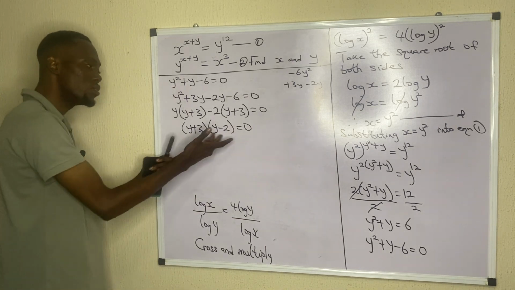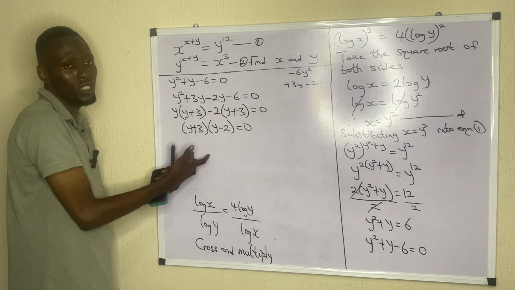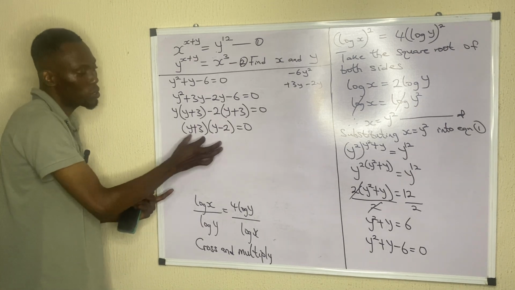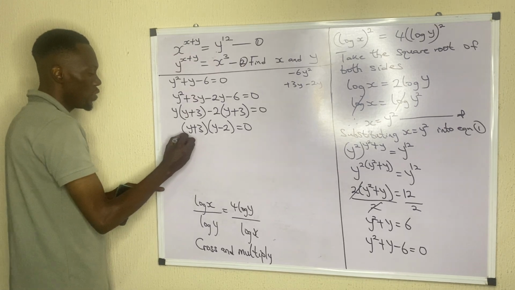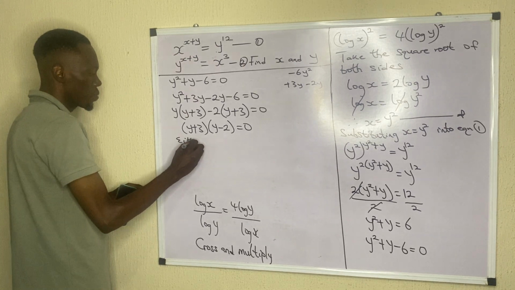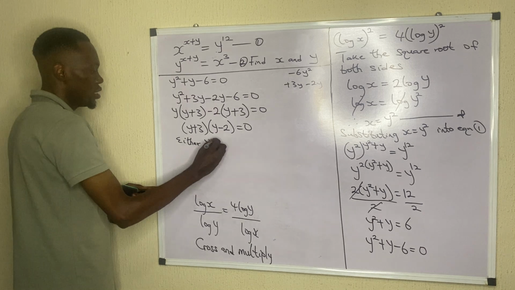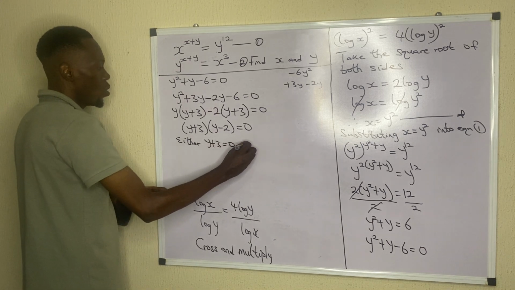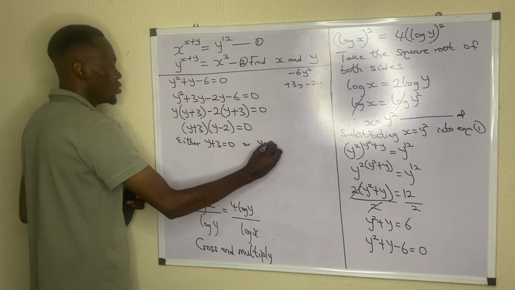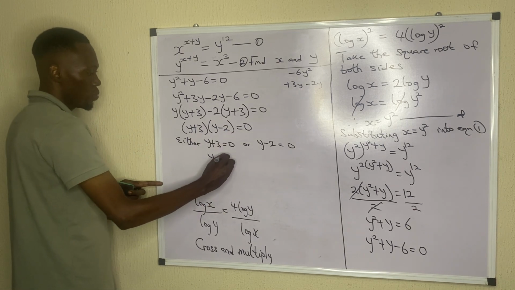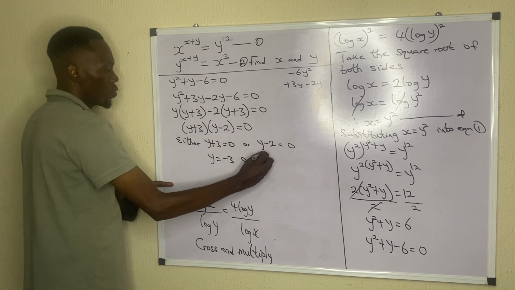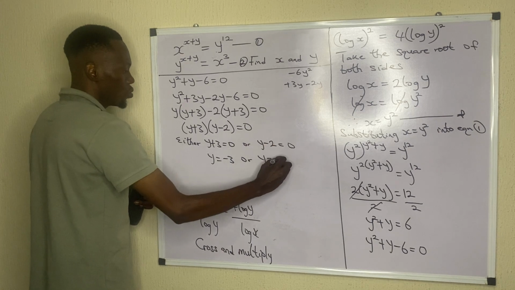And how can the product of this give you 0? It's either this is equals to 0 or this is equals to 0. So I'll have that either y plus 3 equals 0 or y minus 2 equals 0. So therefore y will be equal to minus 3 or y is equal to plus 2.